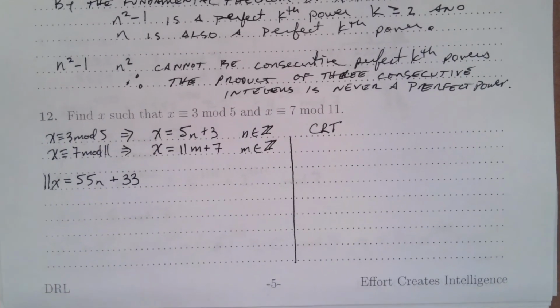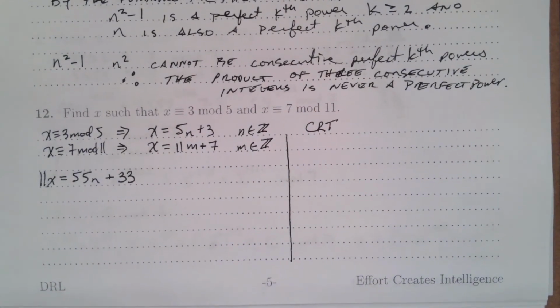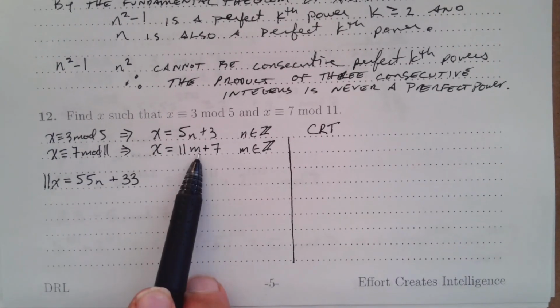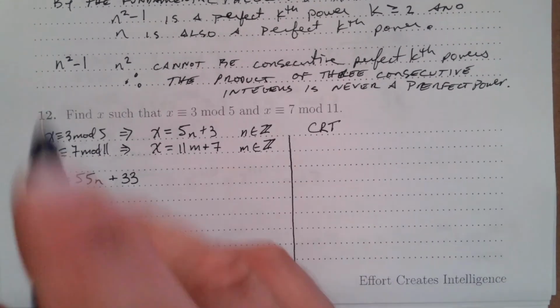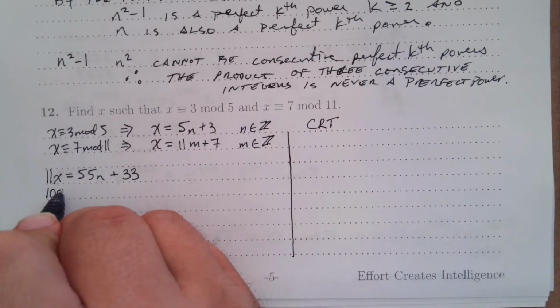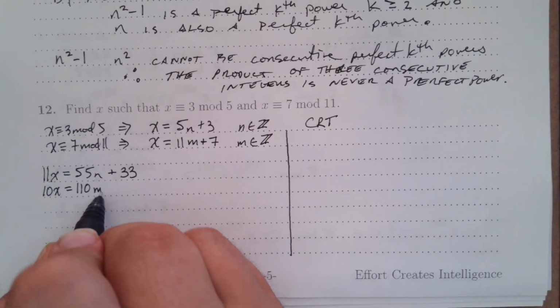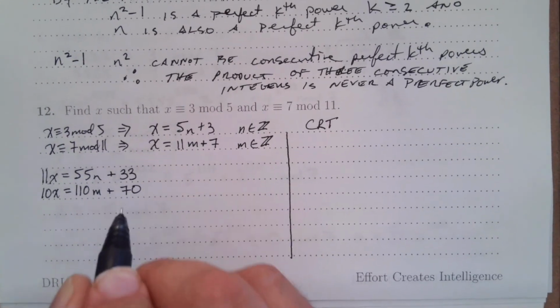Okay, and similarly, if I take this equation here and multiply this equation by 10, I would be able to say that 10x is equal to 110m plus 70.